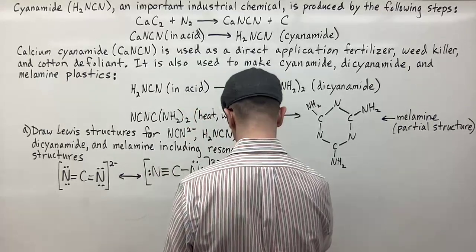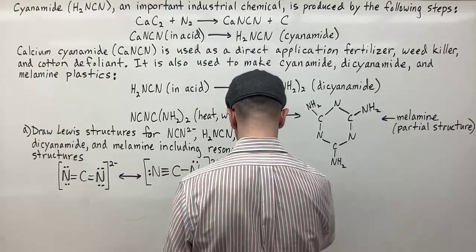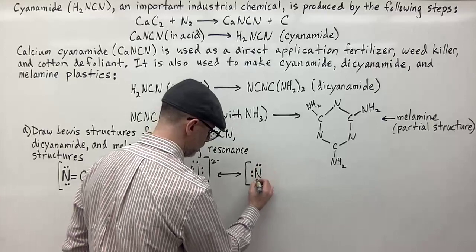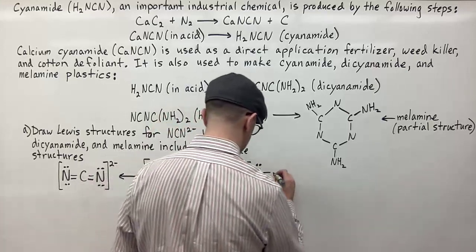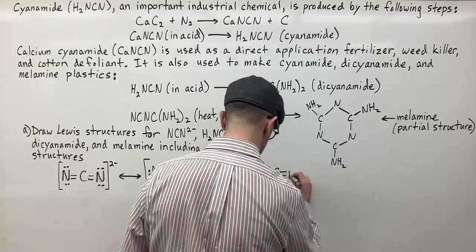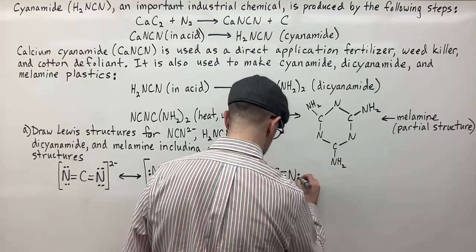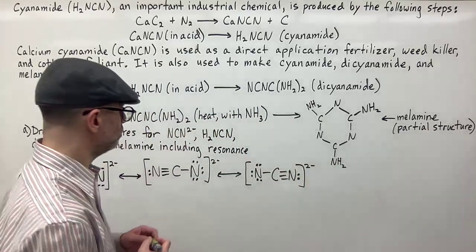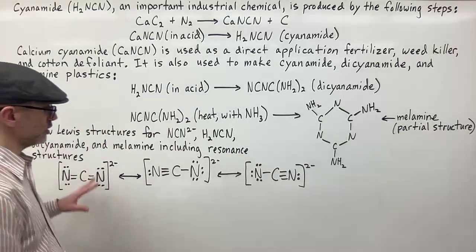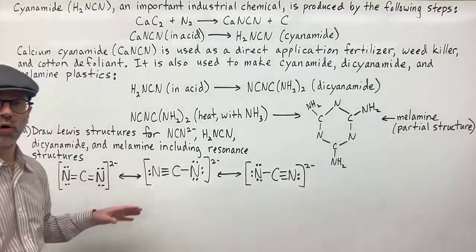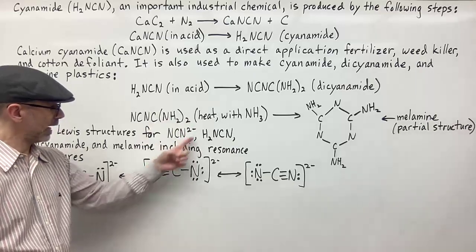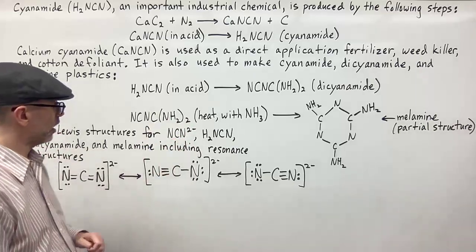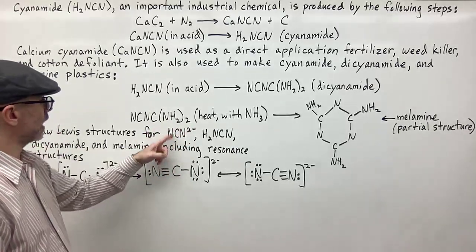In this case, it'll be a single bond on this side, like so. So here are the resonance structures for the first one, your anion of calcium cyanamide.